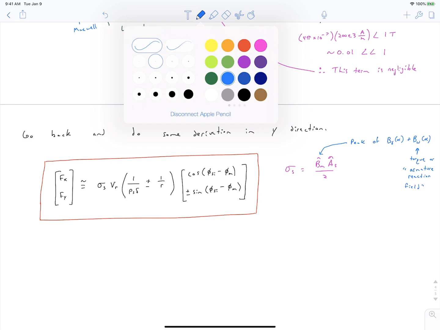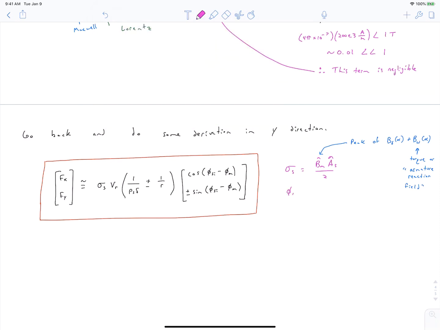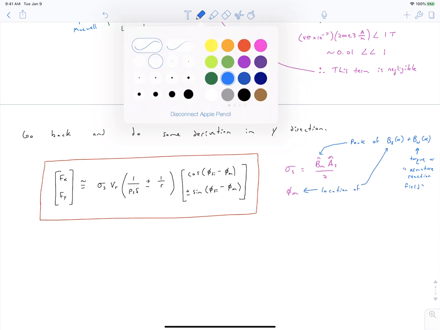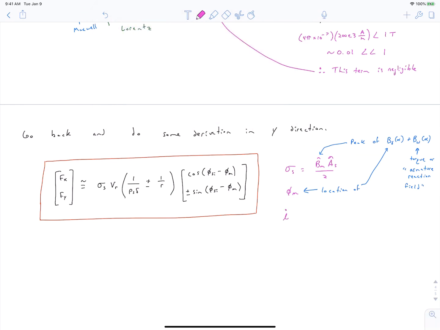And then the second thing to note is that phi m is the location of the resulting B delta plus BW. And this assumed that we had a suspension current space vector like this.